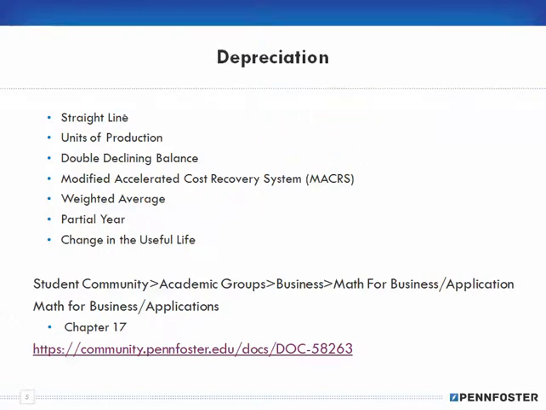Just be aware. Straight line, units of production, double declining balance. Go out to the student community under Chapter 17 and watch those videos. Realize that MACRS is for taxation, and we have an additional method called the weighted average, which will be covered in intermediate accounting.